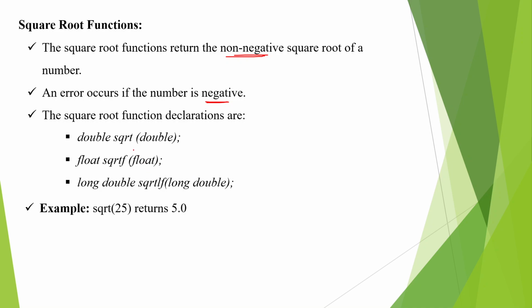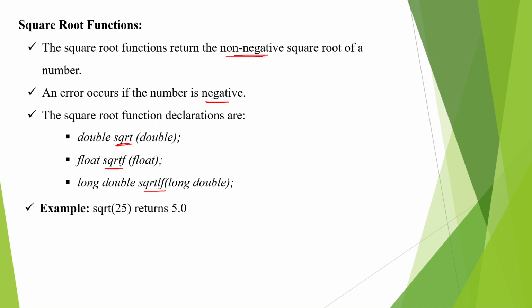For double, just regular sqrt without any prefix or suffix. For float, sqrtf. For long double, sqrtl. Just keep in mind this extra f in the power and square root functions.